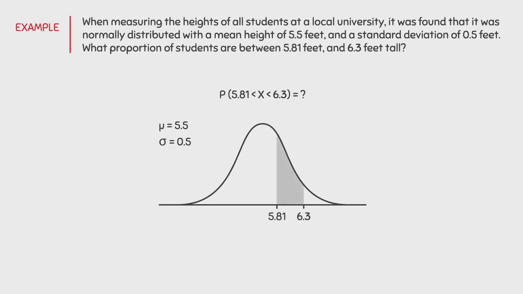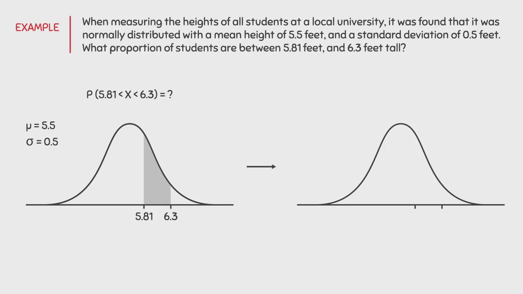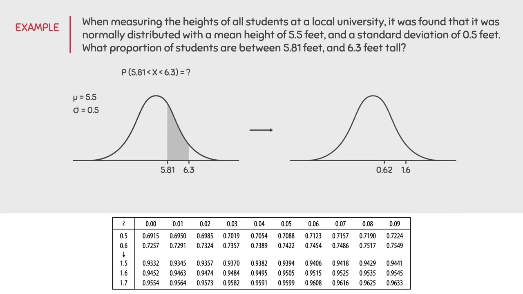To determine this area, we need to standardize the distribution, so we will use the standardization formula. Plugging in 5.81 to this formula gives us a z-score of 0.62, and plugging in 6.3 into the formula gives us a z-score of 1.6. According to the standard normal table, the z-score of 0.62 corresponds to an area of 0.7324, and the z-score of 1.6 corresponds to an area of 0.9452.